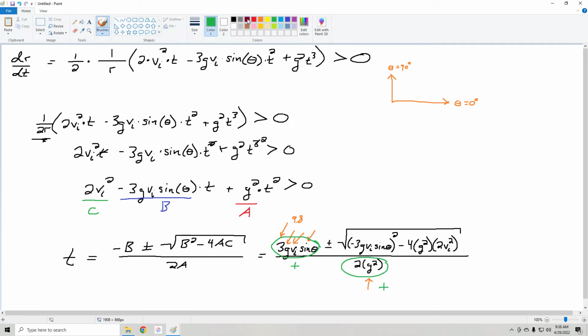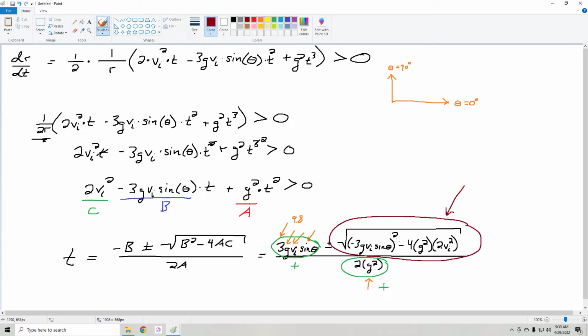Well, the real thing that we need to figure out is, what about the discriminant? Is the discriminant positive? Because if it is, that's a problem. We need our situation to have the projectile always increasing. And if you take a positive number and you subtract a positive number from it, it can't always be increasing. That's not possible.